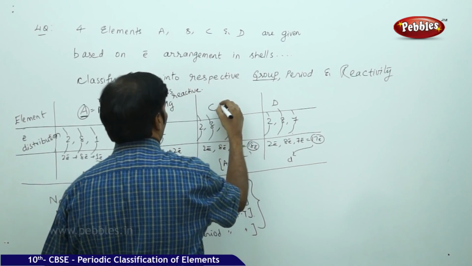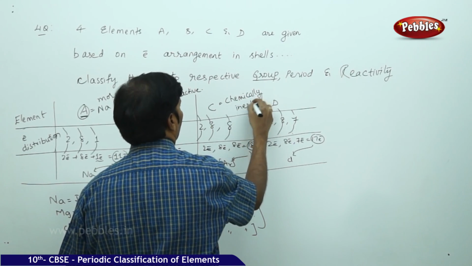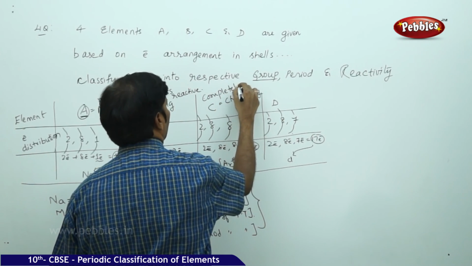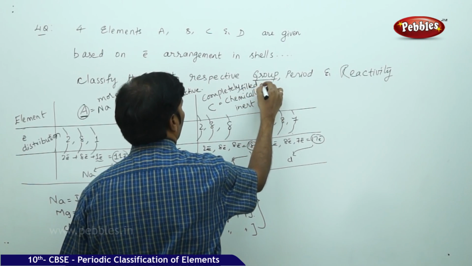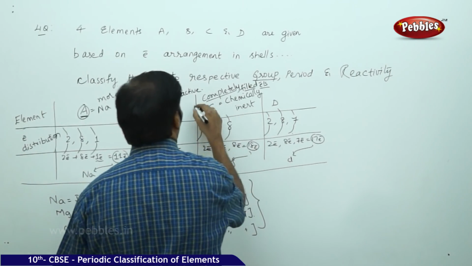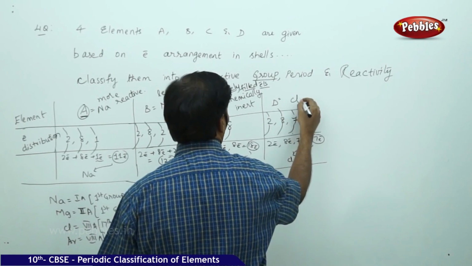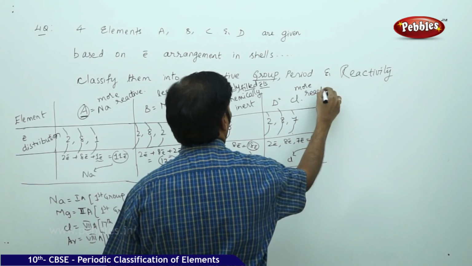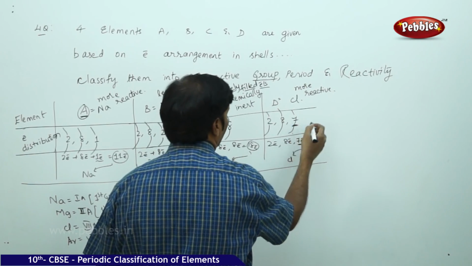C, argon, chemically inert because of completely filled electrons. What is D? D is nothing but chlorine. So chlorine is more reactive, because of incompletely filled electrons in the valency shell, 7 electrons.